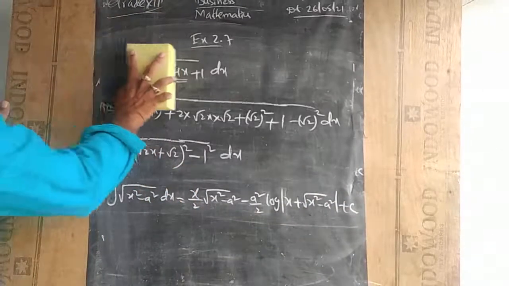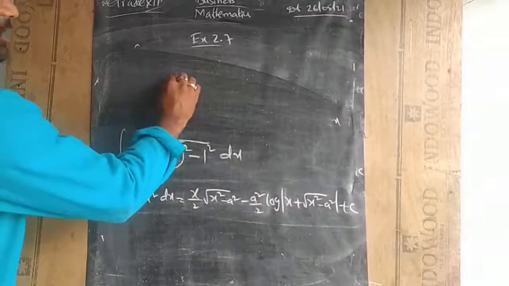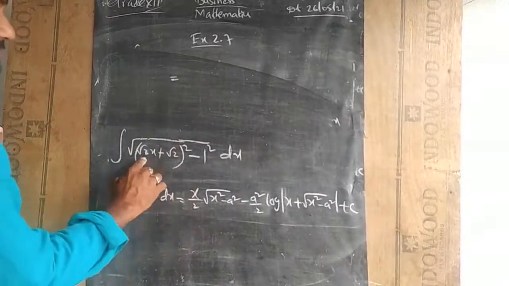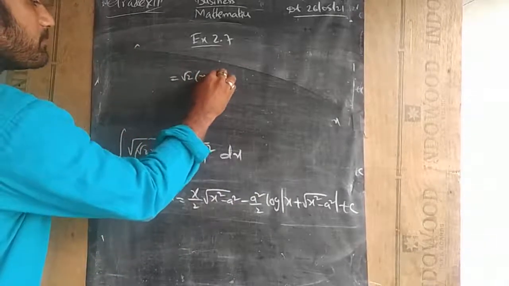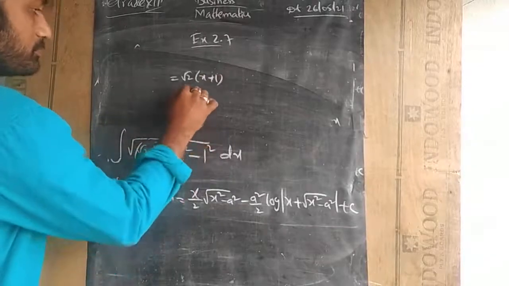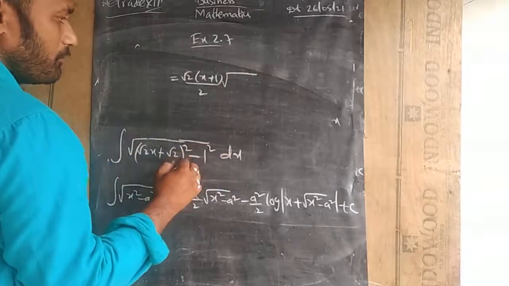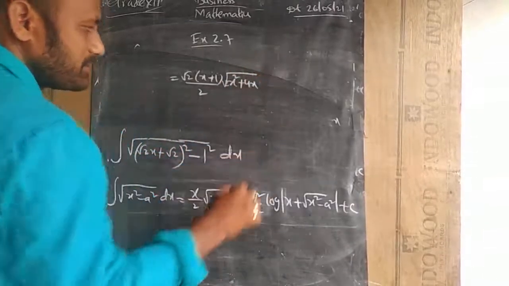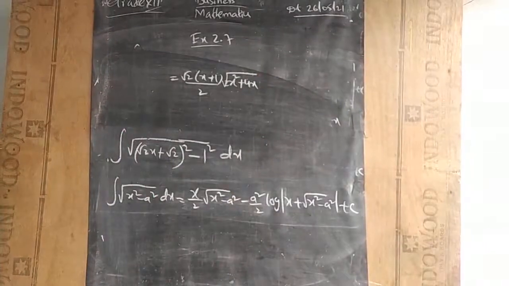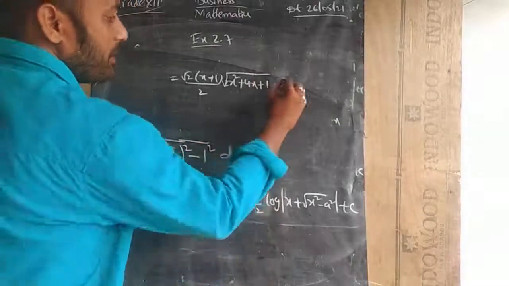The same values we will be substituting. So that is equal to x by 2, where x by 2 means here x is root 2 of x plus 1 by 2 into root of 2x square plus 4x plus 1, minus a square.